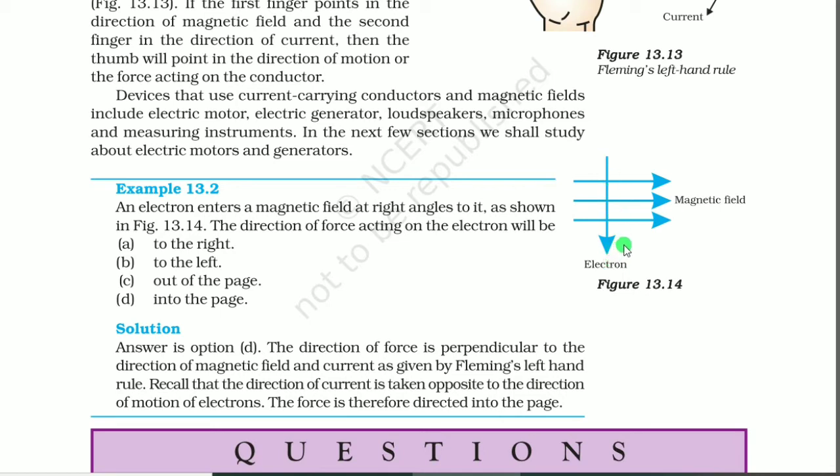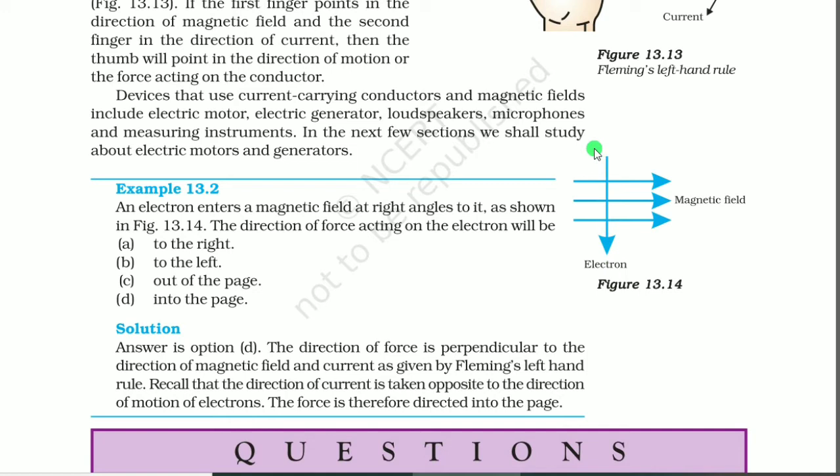That is the current direction and the magnetic field direction. So we know electron is always a negative charge and current conventionally always flows opposite to the electron flow. So here the electron is flowing from bottom to top, so the current direction will be totally reversed here. That is the electron direction, but the current direction will be opposite to it.